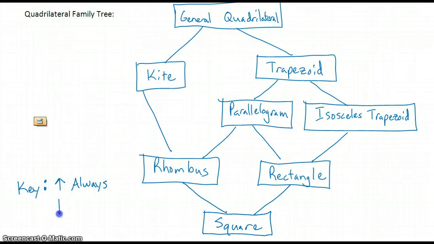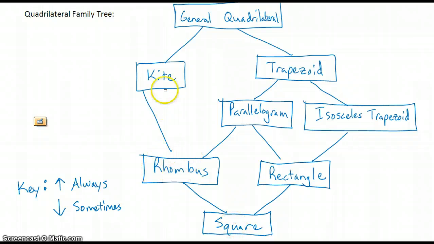If we connect going down, that quadrilateral is sometimes the next quadrilateral. So if we look at a square and a rectangle, to go from a square to a rectangle we have to go up. So a square is always a rectangle. But to go from a rectangle to a square, we have to go down. So a rectangle is sometimes a square.